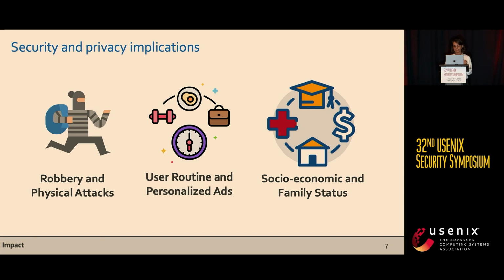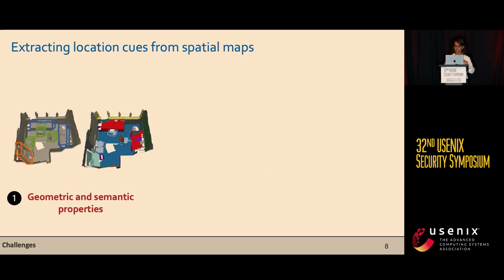So now that we understand that spatial maps have severe security and privacy consequences, it's important to mention that launching such location inference attacks in practice involves several different challenges. First, an adversary must be able to infer the target user's environment without making any assumptions or having prior information about them.